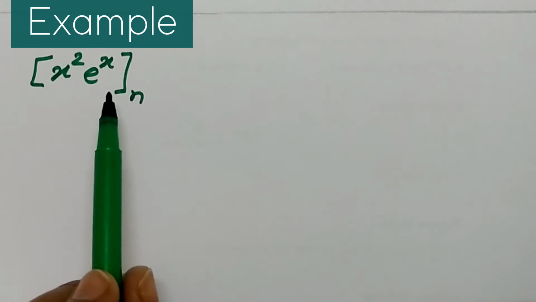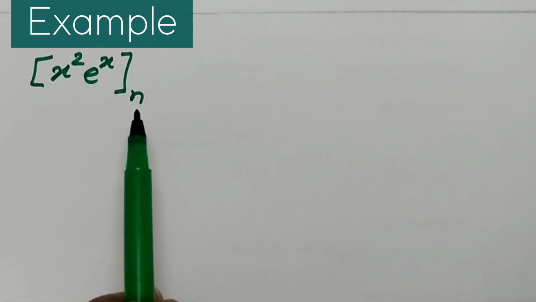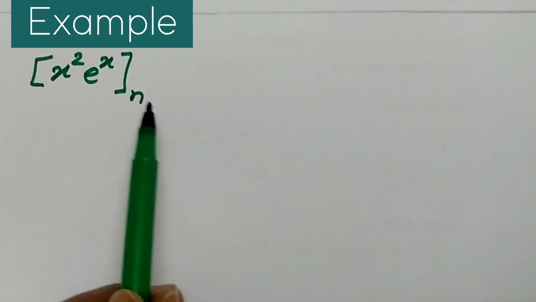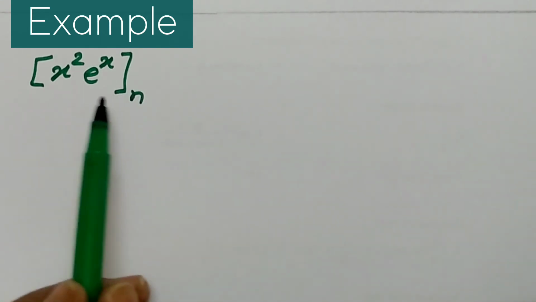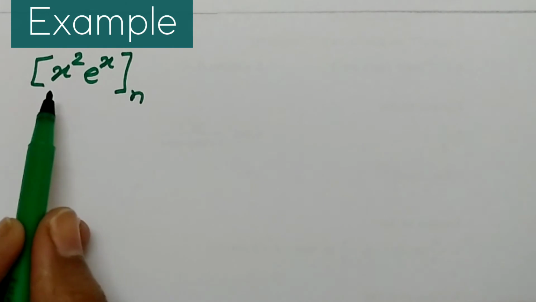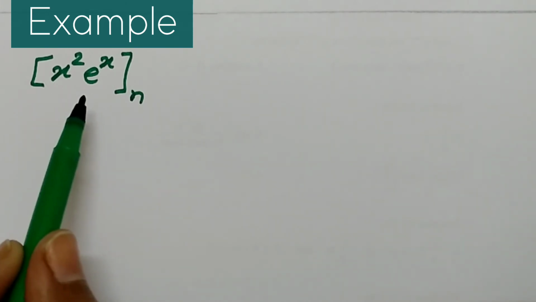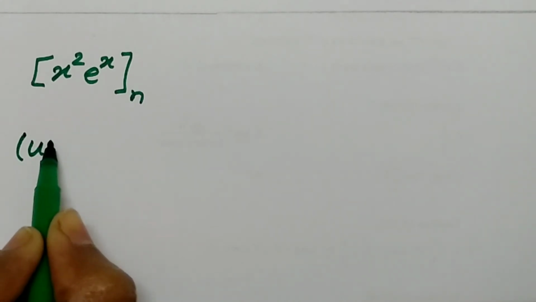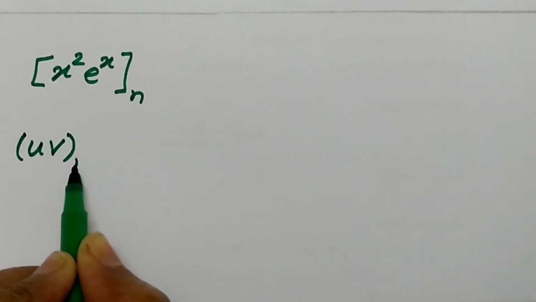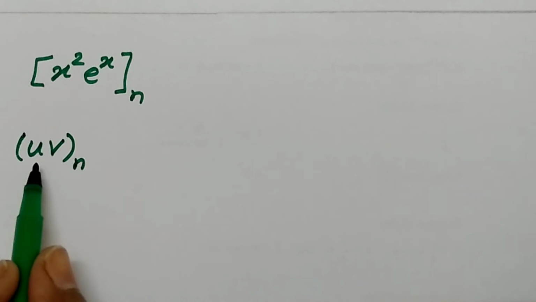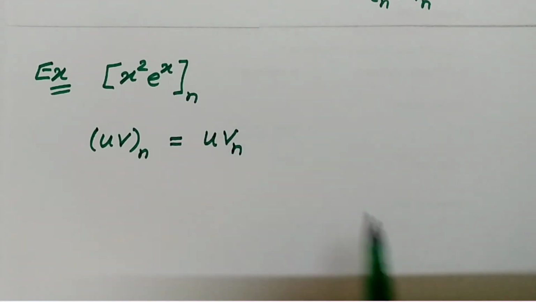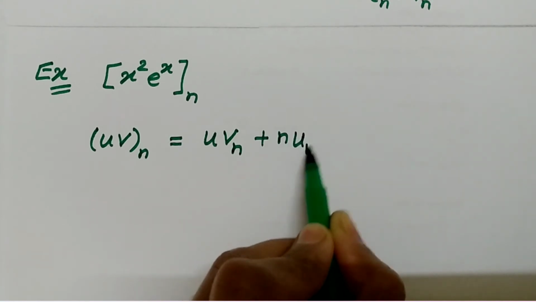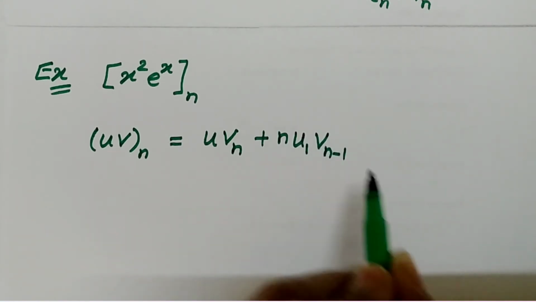Consider x square e raised to the power x, and we want to find its nth derivative. For that I write lower suffix n. Here lower suffix n represents the nth derivative of this term. Now to find the nth derivative of this term we use Leibniz theorem, and we know that the statement of Leibniz theorem is (uv) suffix n, that is u times the nth derivative of v, plus n u1 times the derivative of v n minus 1 times.